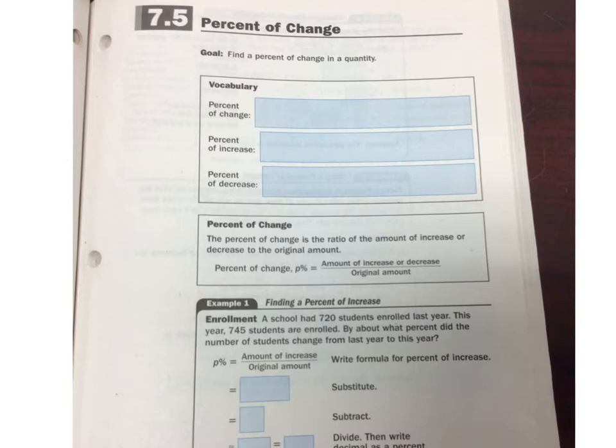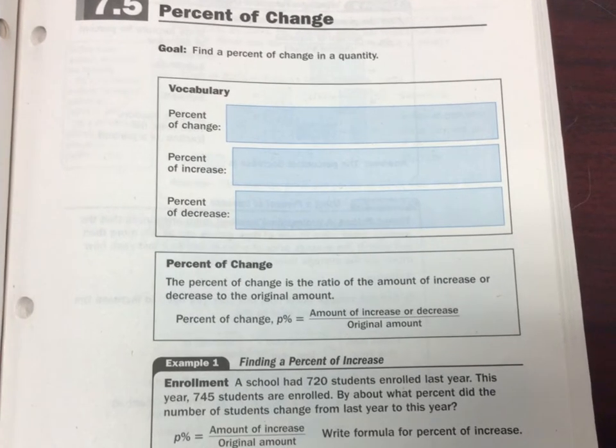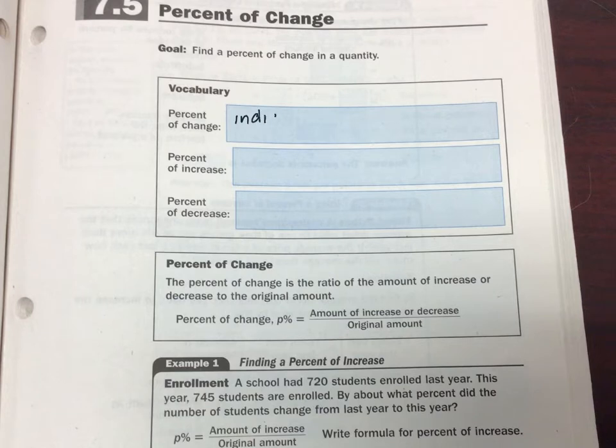Remember, if you are a business owner and you mark items up, that would be an increase. If you go shopping and you get a discount on a pair of jeans of 40%, that is a decrease. So percent of change indicates how much a quantity increases or decreases.